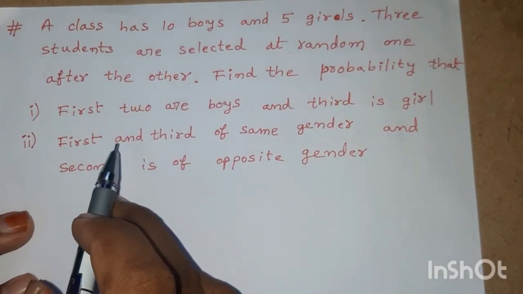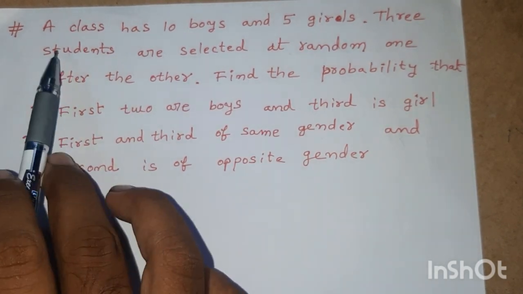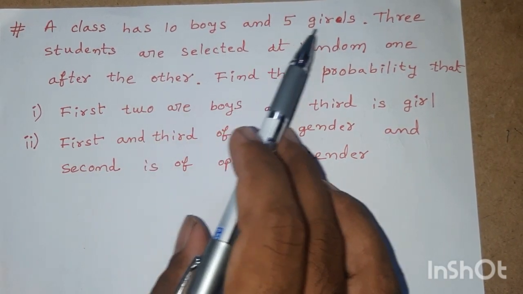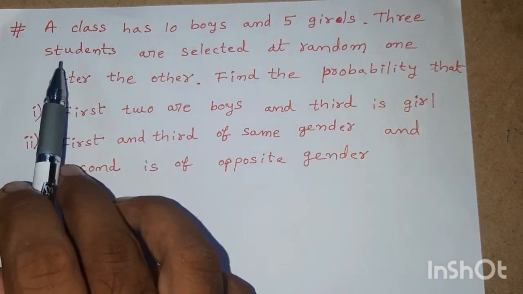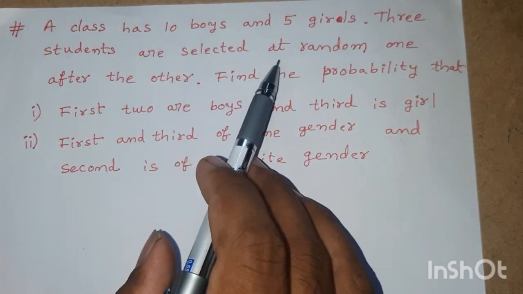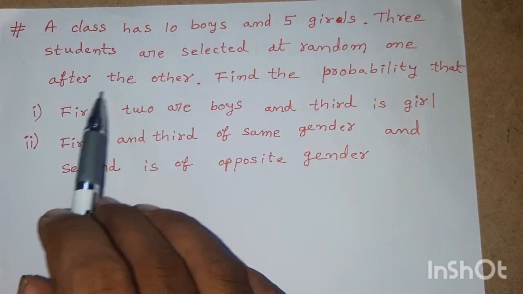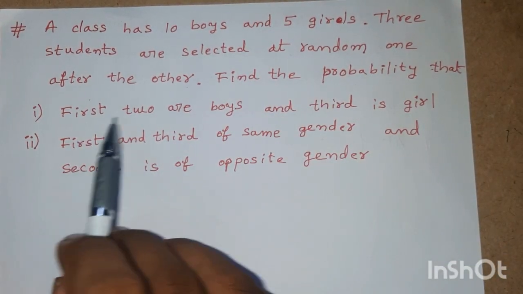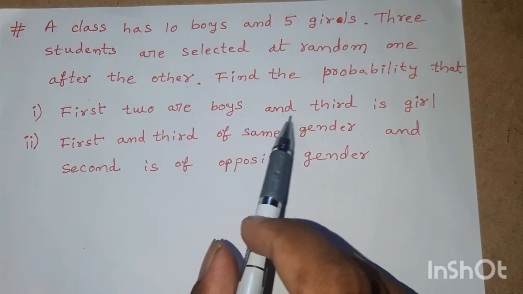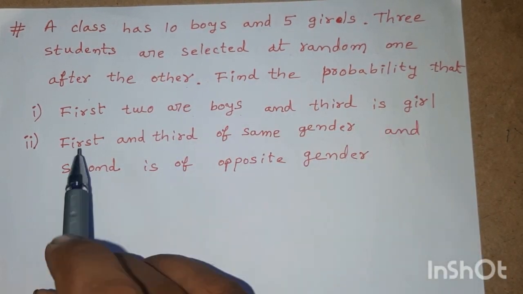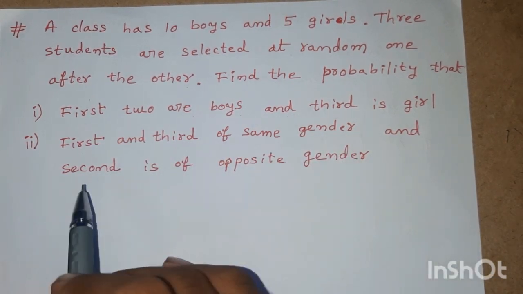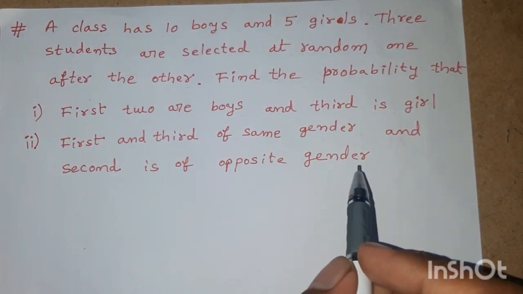Now let us go to the next similar problem. A class has 10 boys and 5 girls. 3 students are selected at random, one after the other. Find the probability that the first 2 are boys and the third is a girl, and the first and third are of the same gender, and the second is of opposite gender.